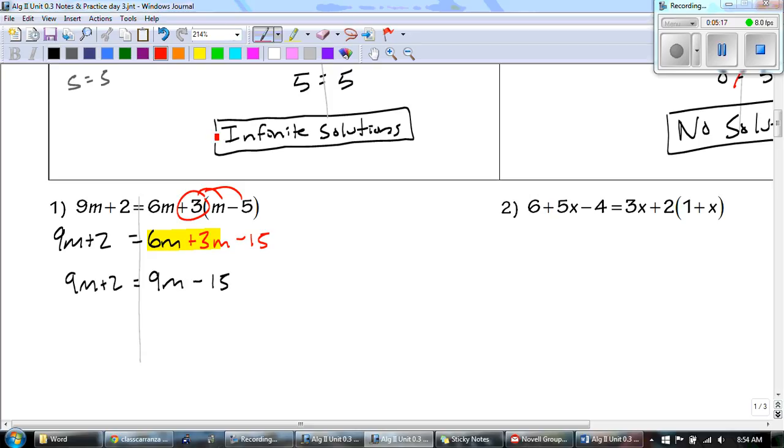And now I want to get the variable to one side, so when I subtract it, yeah, those cancel. Now don't say, oh, it's m plus 2 equals negative 5. No, the m canceled out. Okay, so we're left with 2 equals negative 15, and I'm sorry guys, but that's not true. So the answer is no solution.